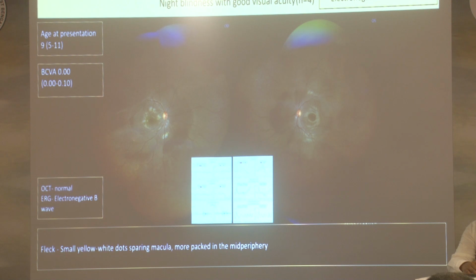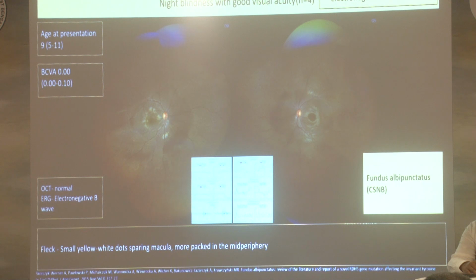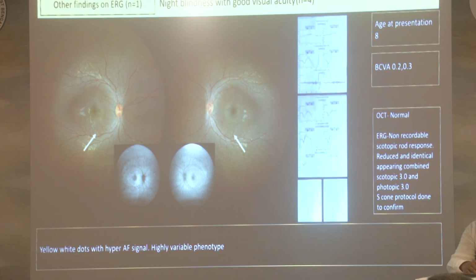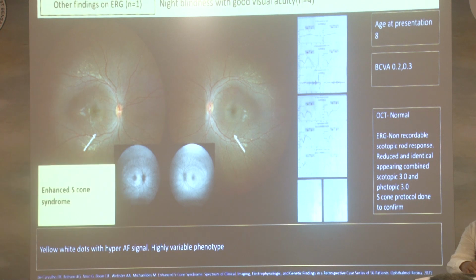So these patients had more packed mid-peripheral flecks, and this was consistent with the diagnosis of CSNB, fundus albipunctatus. In the same group, 1 patient had an ERG finding which was consistent with the diagnosis of enhanced S-cone syndrome. Now, this patient had yellow-white hyper-autofluorescent dots which were within the arcades.